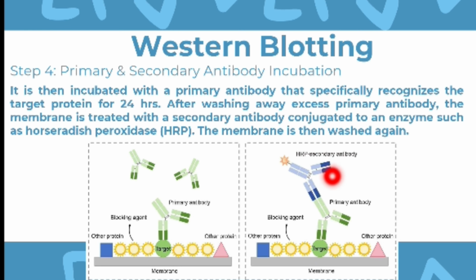So this secondary antibody then binds to the primary antibody, and after which the excess is washed away. So it is because of the presence of this enzyme that will allow us to detect this whole complex between the secondary antibody, primary antibody, and the target protein. And this detection is vital for the next step.